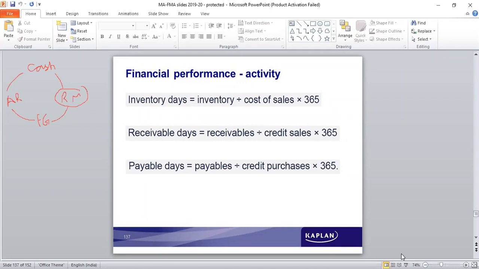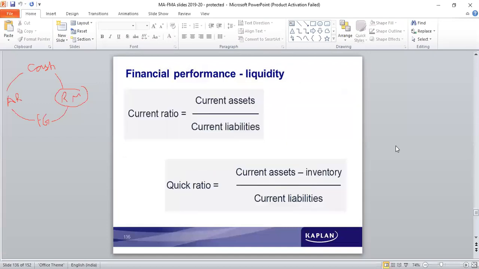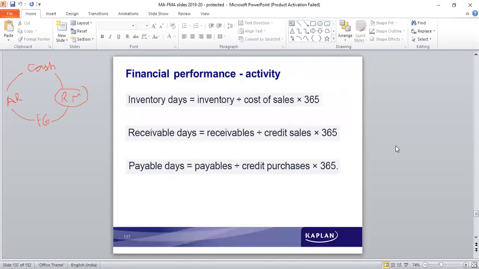So activity ratios are also called efficiency ratios. With current assets and current liabilities, activity ratios are given. But in the previous slide, we looked into one activity ratio, the capital employed versus the revenue, that is the asset turnover ratio. Do you see that? The investment made into assets, whether it is able to convert it into sales. First one here in the list which is given.